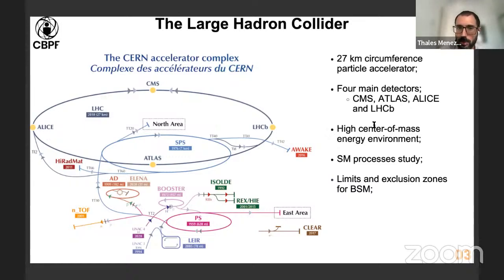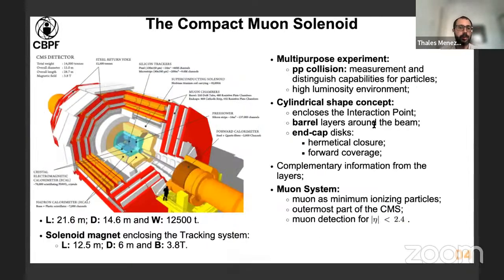So inside the LHC, we have the CMS, the Compact Muon Solenoid, which is a multi-purpose experiment. It was designed to provide measurement and a capacity to distinguish between all the particles originating from a proton-proton collision under the high luminosity conditions that the LHC could offer for its experiments.